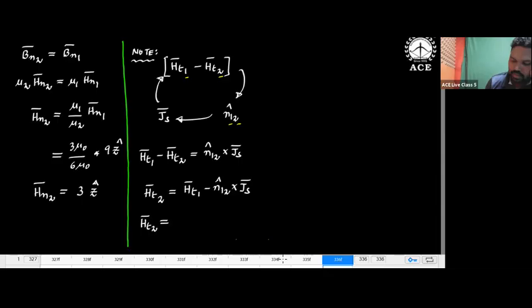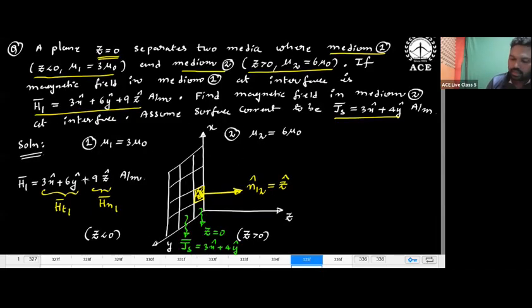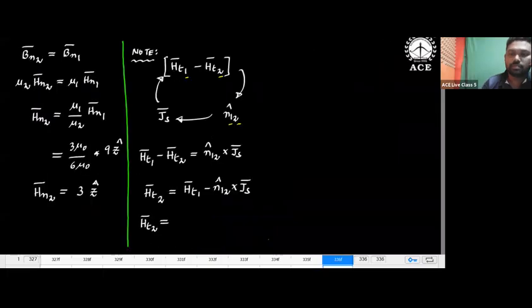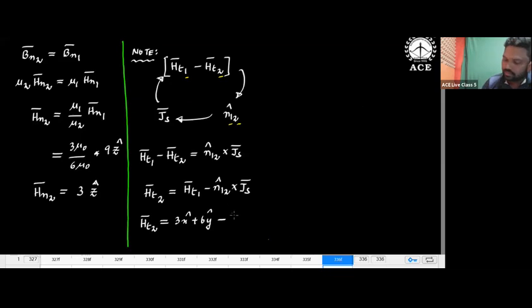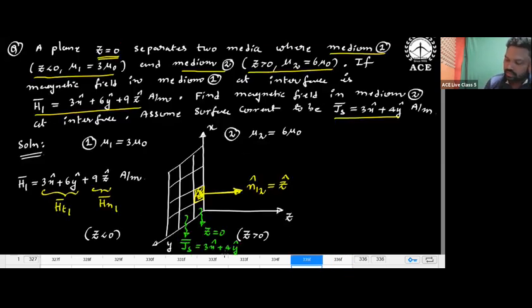HT2 is equal to HT1. What is HT1, beta? It is this one: 3x cap plus 6y cap, minus N12 cap cross surface current. What is the normal, beta? From medium 1 to medium 2 it is Z cap. Here it is Z cap, cross surface current. How much is the surface current? 3x cap plus 4y cap.